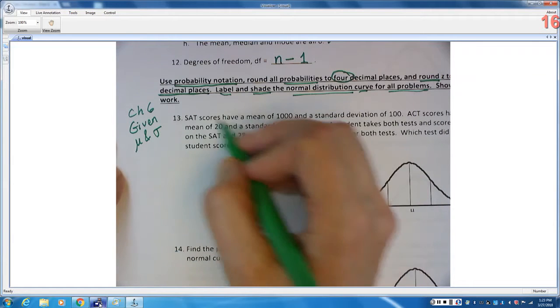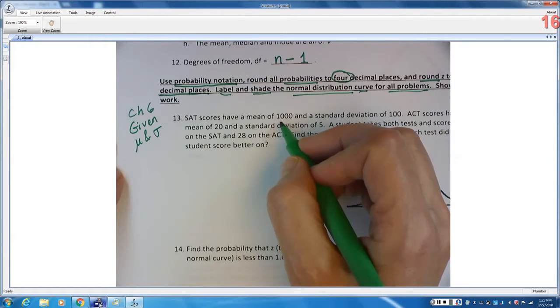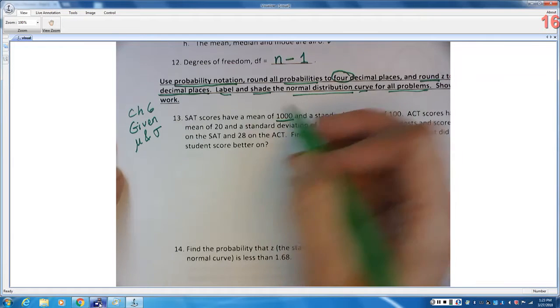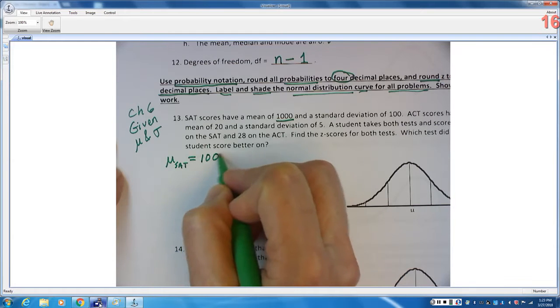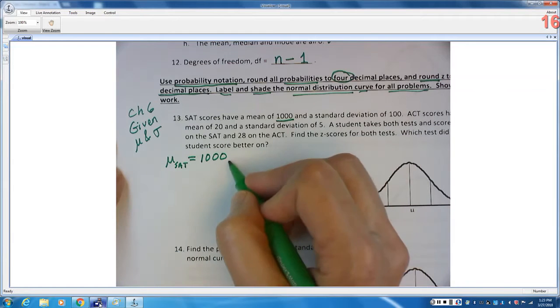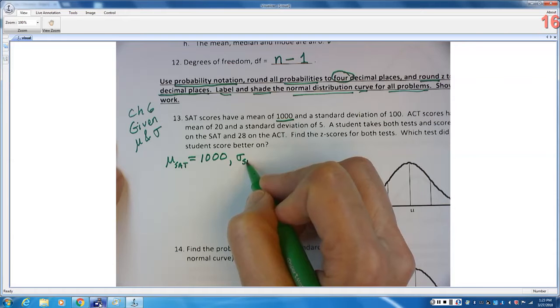But SAT scores have a mean of 1,000, so mu for the SAT equals 1,000, standard deviation of 100.